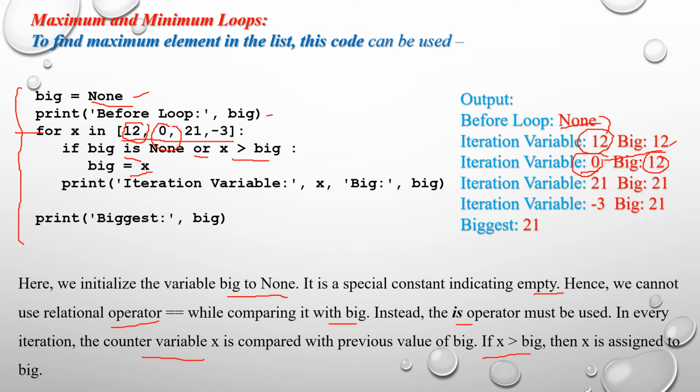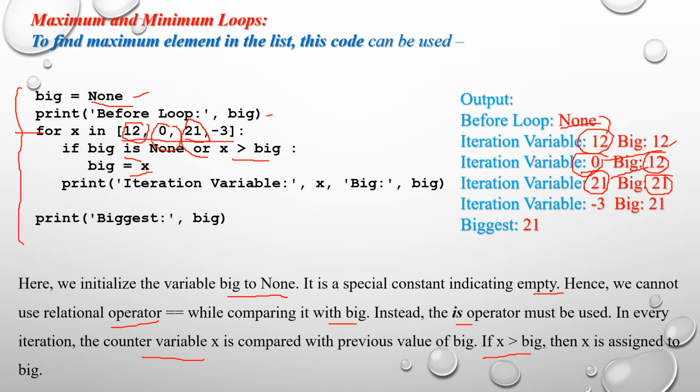The next element is 21. So 21 is compared with the previous accumulated value, which is 12. After comparing, the interpreter is going to print the biggest value. The bigger value is 21.